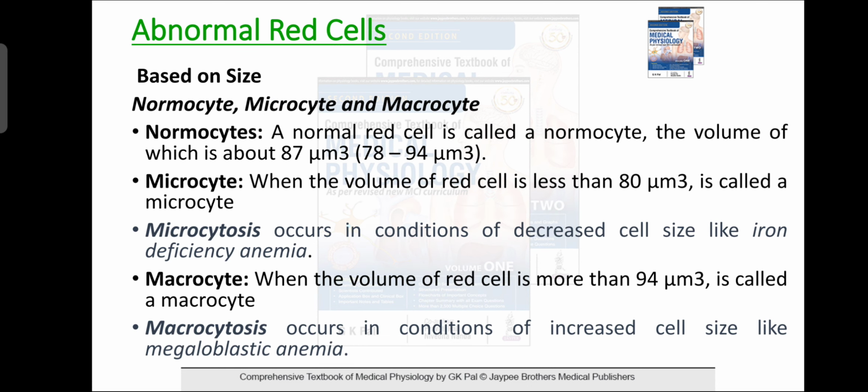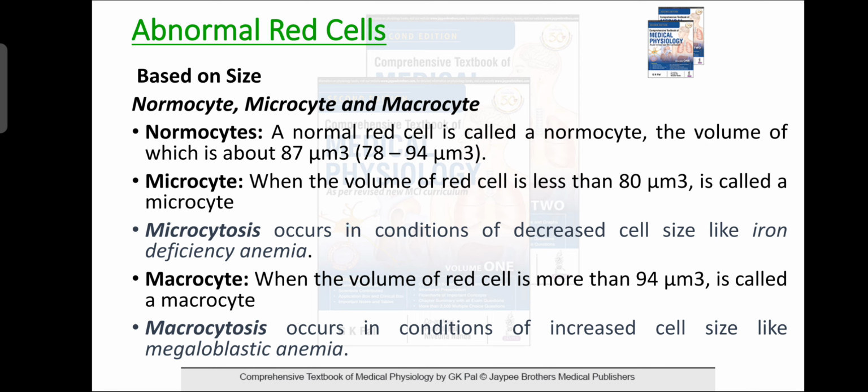Now we see the abnormal size and shape of the RBC. They are the normocyte, microcyte and macrocyte. Normocyte is the normal red cell, the volume of which is 78 to 94 cubic micron. Microcyte: when the volume of the RBC is less than 80, it is a small size RBC.